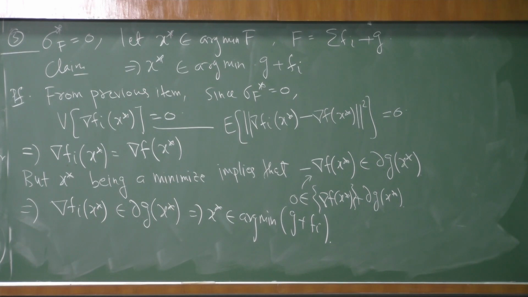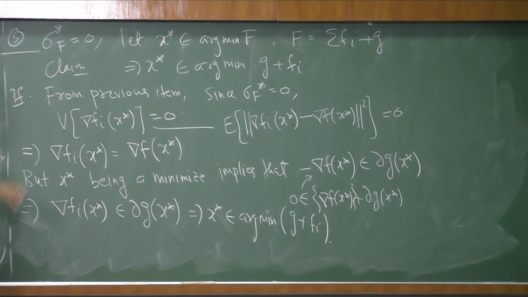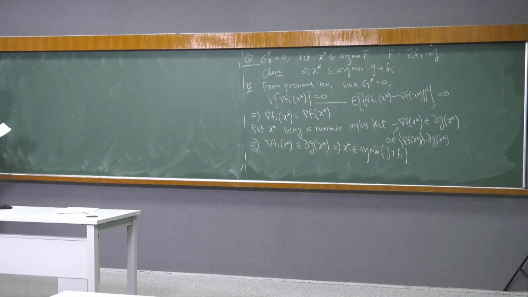So this was the forward implication. If you look into the theorem, it says that if g is differentiable, then you can make the claim the other way. In other words, if x star is in this argmin, then we can claim that sigma f star is 0, if g is differentiable, okay. So now let us prove the converse.